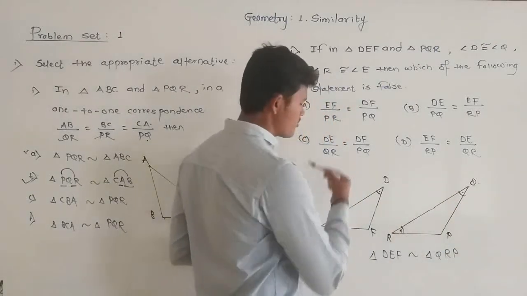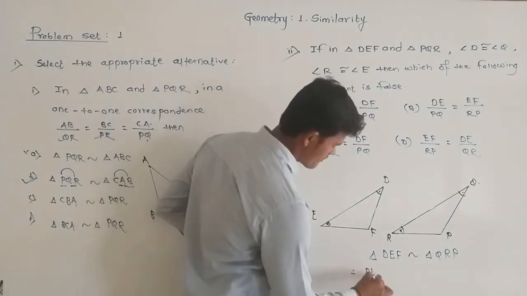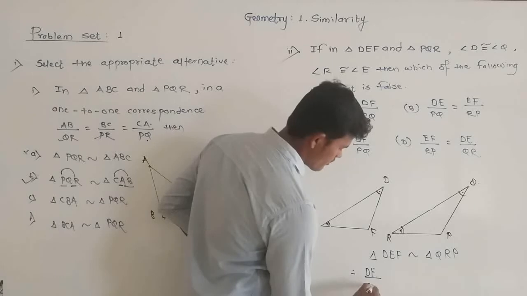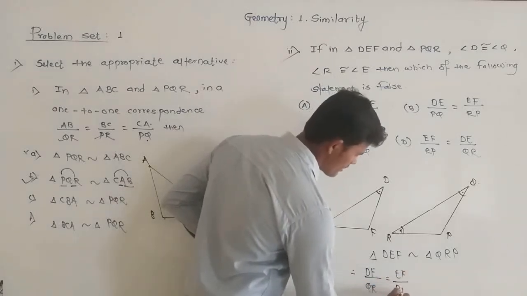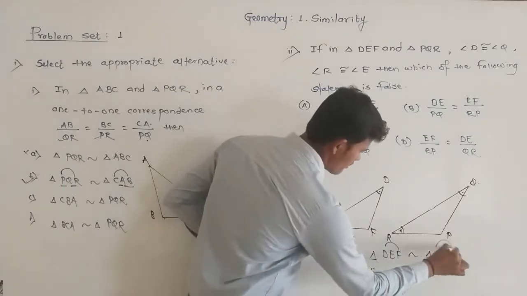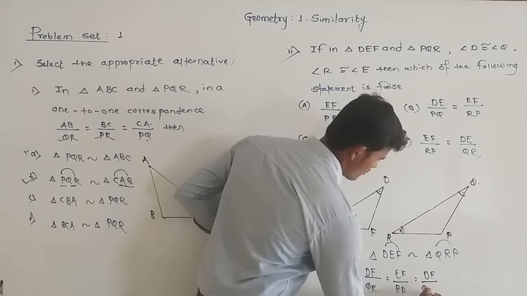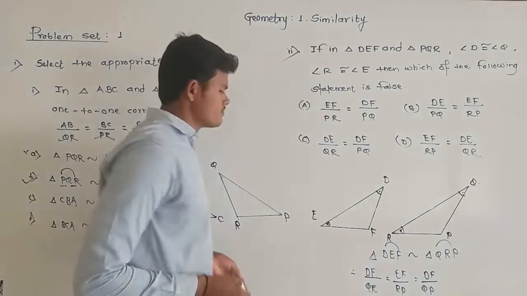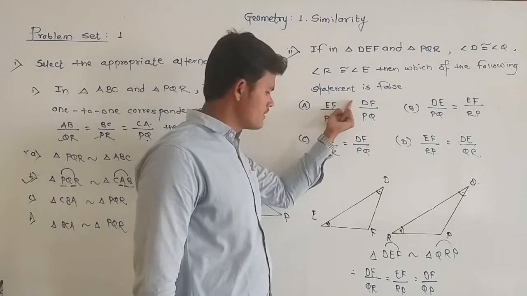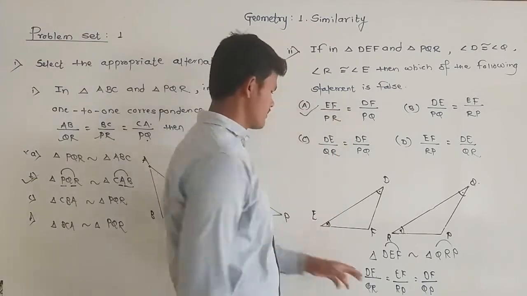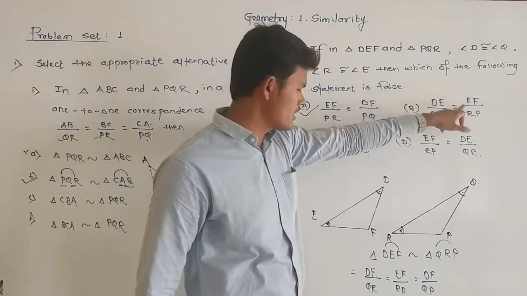Now take its correspondence. So we get DE upon QR is equal to EF upon RP is equal to DF upon QP. So check out which one is remaining here. EF upon RP is equal to DF upon PQ. This one is correct. Second option, DE upon PQ is equal to EF upon RP.